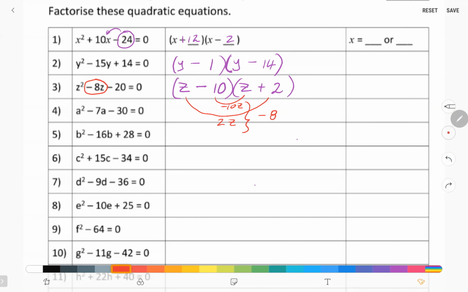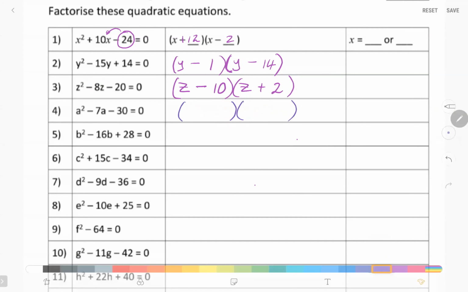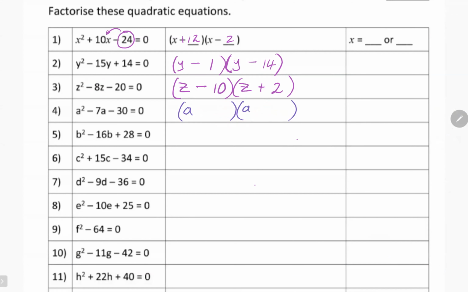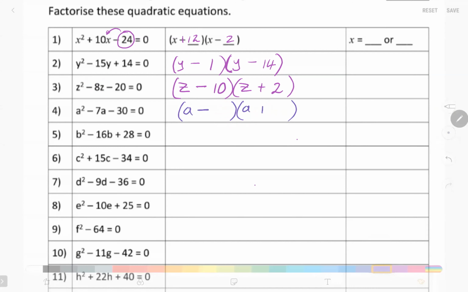All right, let's continue. Maybe by me doing more examples, you'll see, because some of these factorizings can be easier. You don't have to go through the whole procedure. Look at this next one. Again, I know bracket, bracket. The first term is just a squared, so this is a and this is a. Signs in the bracket are different. One will be negative and one will be positive.